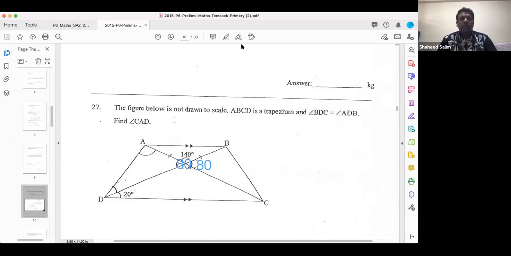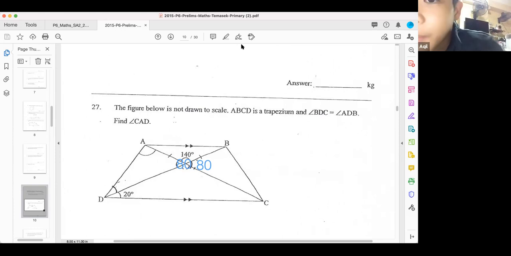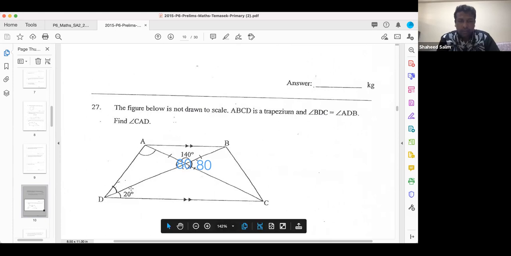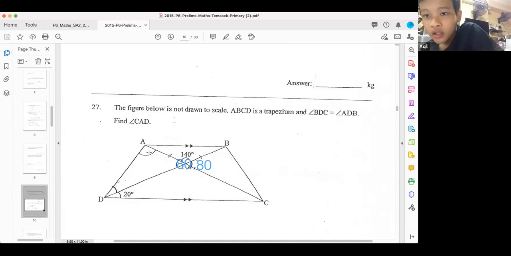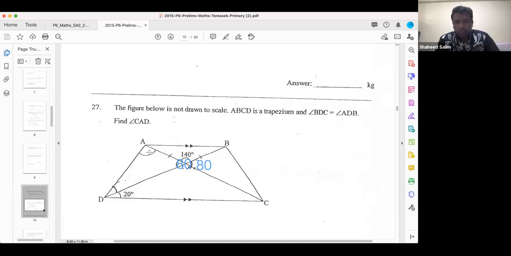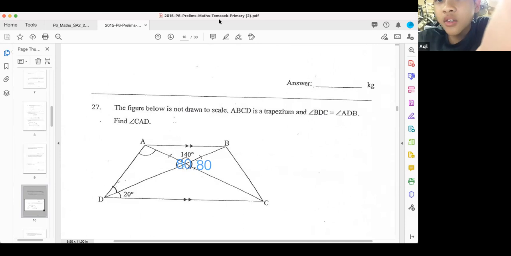We are trying this question 27. Is the part at D the same as that one? You mean this one here? No, the one on top, this one. You sure? I'm sure. How to show? Okay, first of all, I think 80 is not correct. How did you get 80? No, 80 on the right.